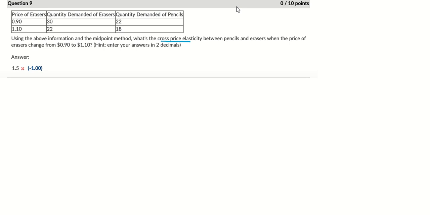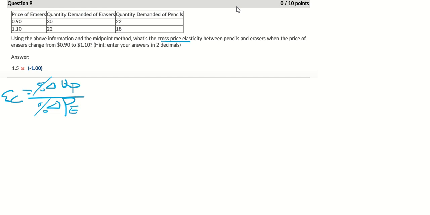So we're going to use the percentage change in the quantity demanded for pencil divided by the percentage change in the price of eraser. And for this one, do not take the absolute value because we care about the sign.